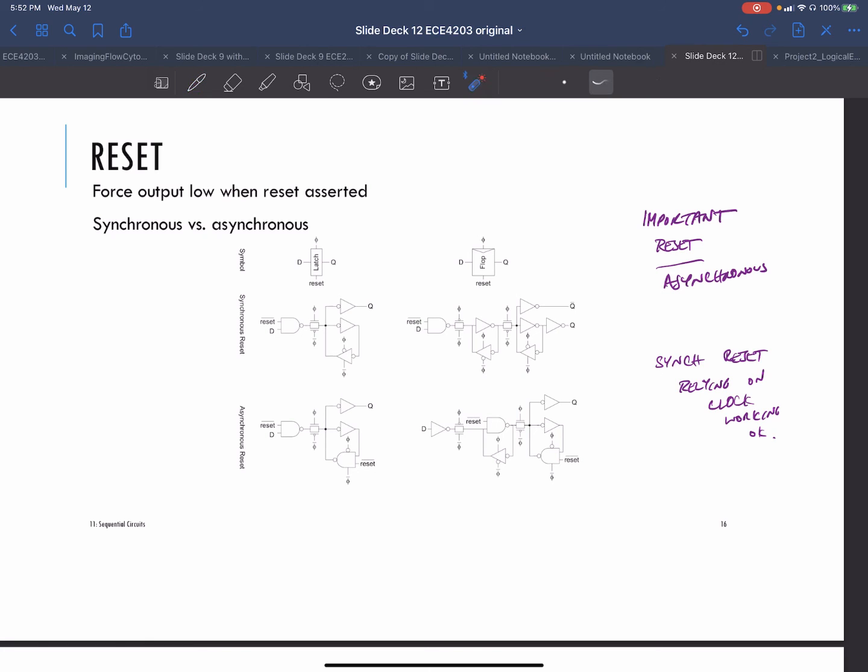And the fact that your flip-flops are coming up in an unknown state may mean that your clock circuit itself isn't really working well when you power up. So in my opinion, it's really important to have a reset on all your flip-flops. I really argue that's critical, and to have it asynchronous, to make sure you have control over the startup state of your circuits.